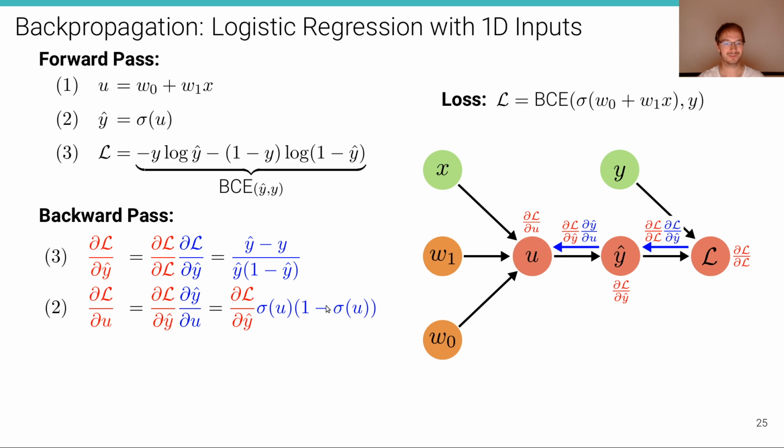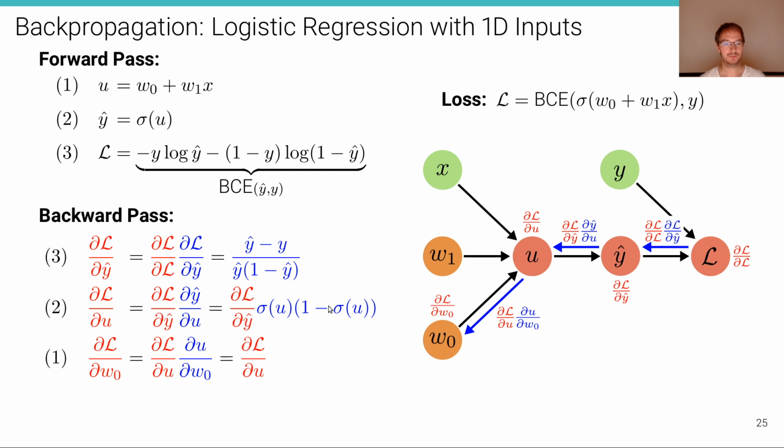I recommend doing both of these derivations as an exercise, which are really simple but also quite instructive, so that you see how you get from this expression to this expression and from this expression to this expression, which are both the gradients of these expressions. Okay, so we have relatively compact terms now for these local gradients.